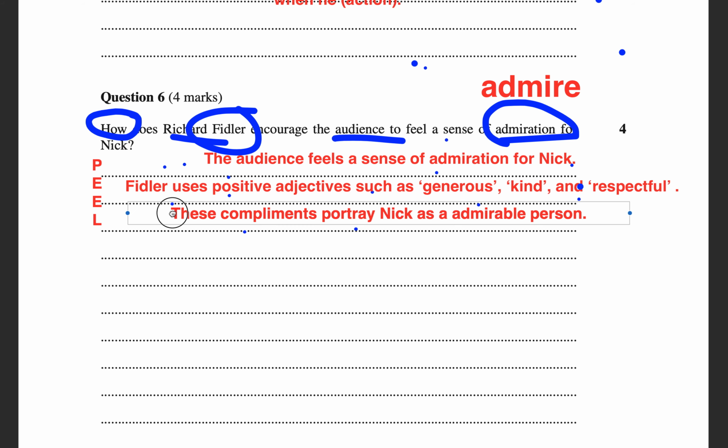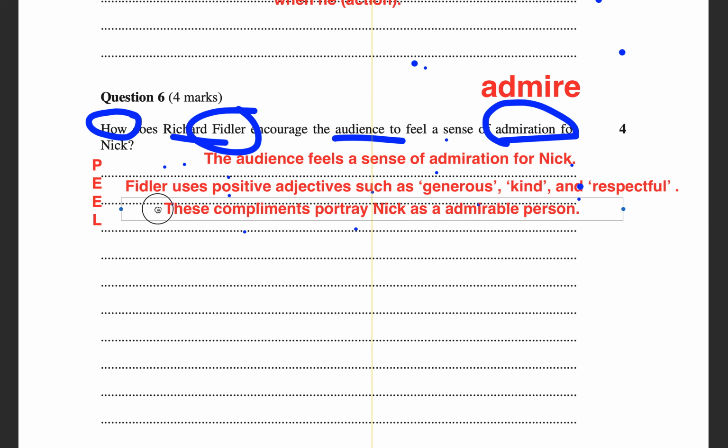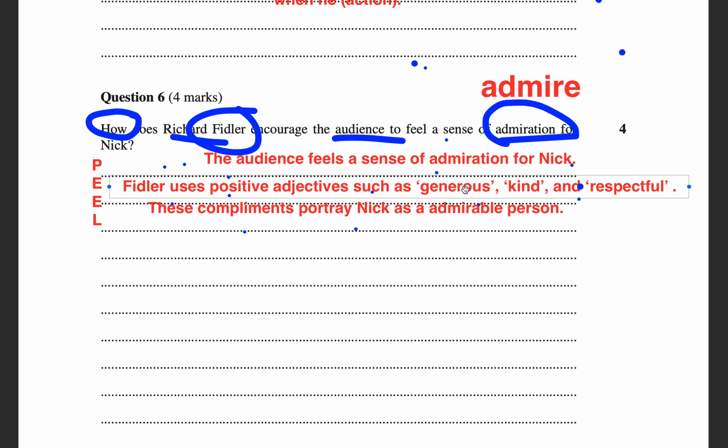And then I explain, what's the effect of this? If he's using these words, what kind of image does that create in our mind? Well, they're compliments, and they portray Nick as an admirable person. And if it's 4 marks, I suggest that you include more than one example to support your answer.